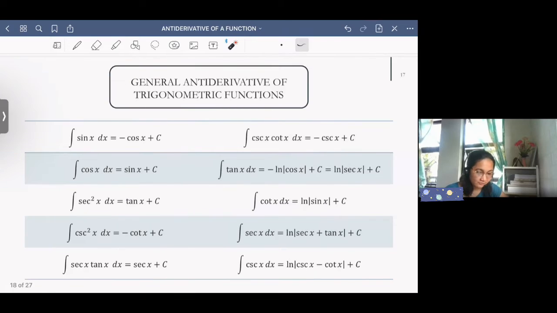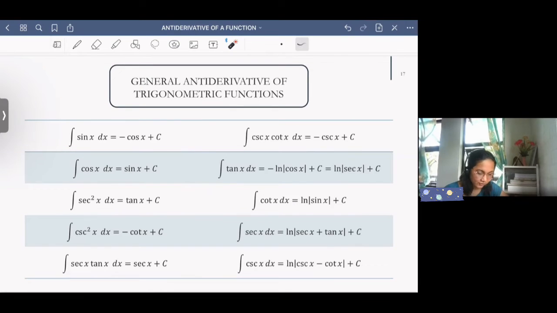We also have the general antiderivative of trigonometric functions. We have for sine, cosine. We also have for tangent x, cotangent, secant. We also have for secant x tangent x, because if you can still remember, the derivative of secant x is secant x tangent x. So the antiderivative of secant x tangent x with respect to x will be secant x plus c.